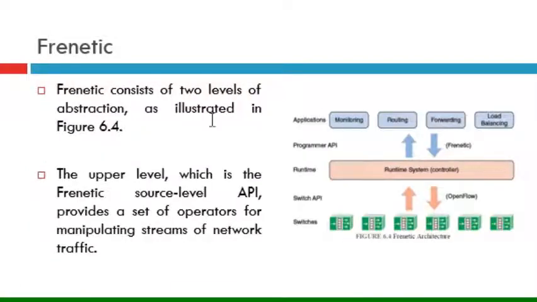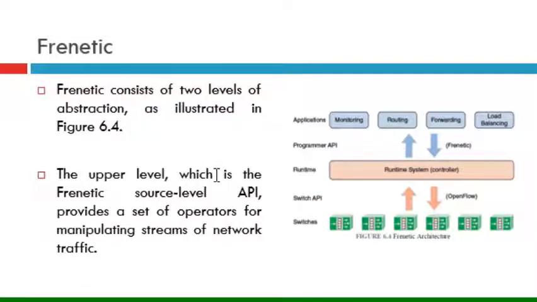So students, Frenetic consists of two levels of abstraction, as shown in the figure. The upper level is the Frenetic source level API, which provides a set of operators for manipulating the stream of network traffic.